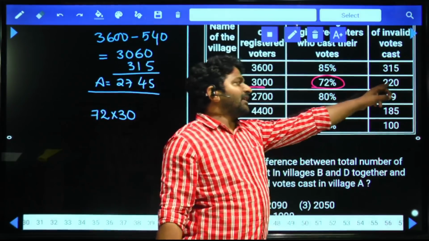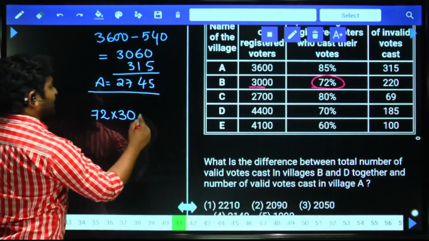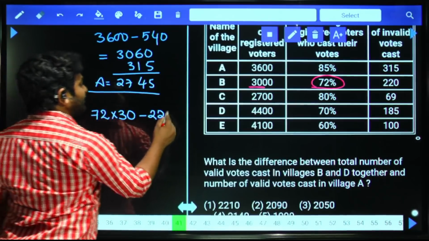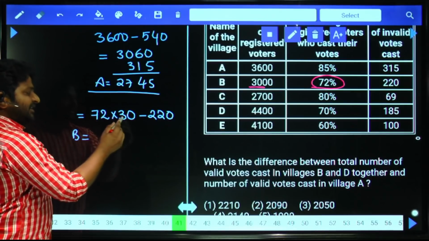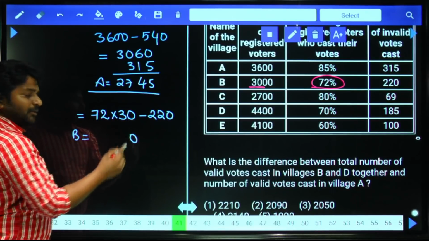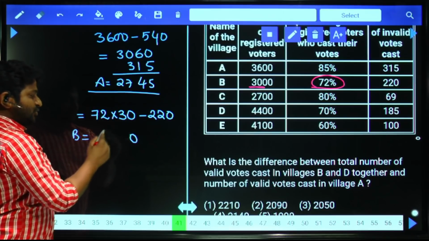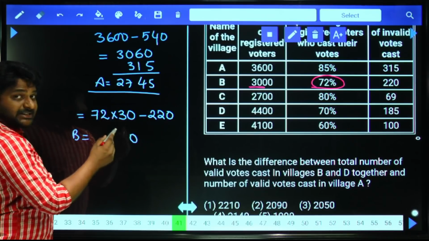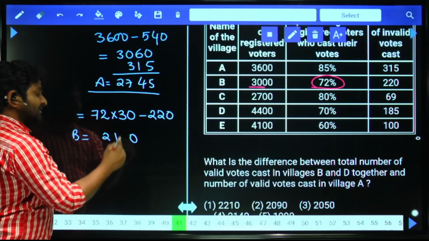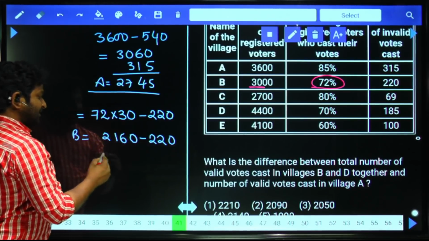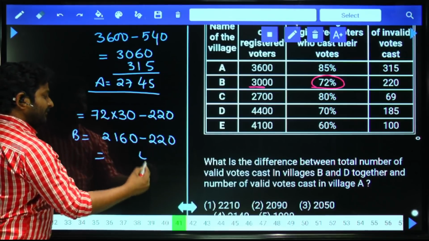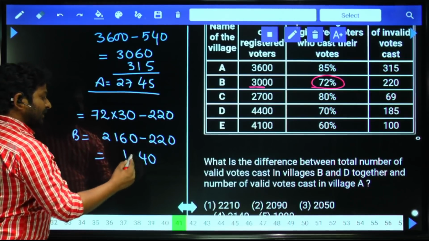To get valid votes, we need to subtract invalid votes, that is minus 220. Now let's see, this is for B. 73s, as you have 0, you'll have 0, no problem. 73s, 210, 2 3s 6, 210 plus 6, 216 minus 220. This is equal to 60 minus 20, 40, 21 minus 2, 19.